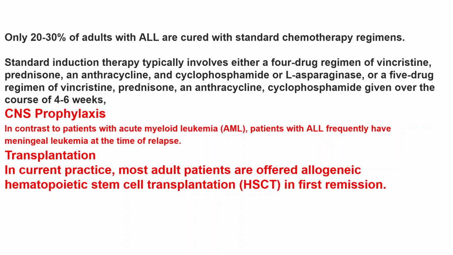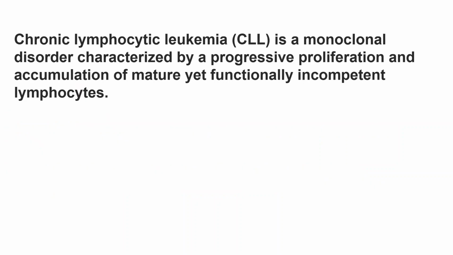The ultimate choice, particularly in adults, is stem cell transplantation, which is considered one of the best or most reliable options in the treatment as such. That's about acute lymphoblastic leukemia. I have made it very brief. We will not go into much detail there.